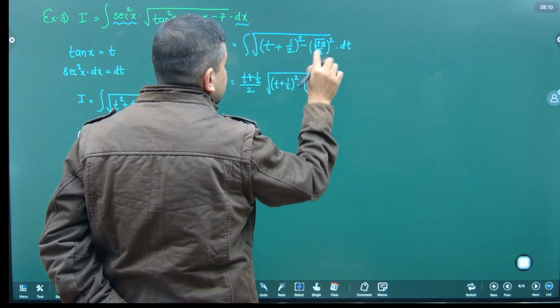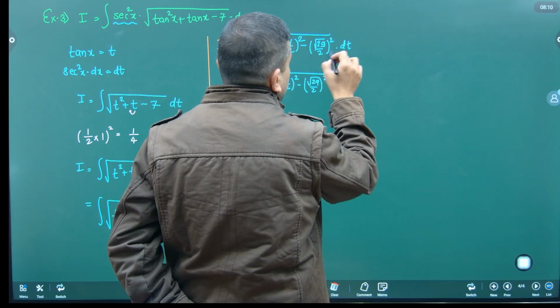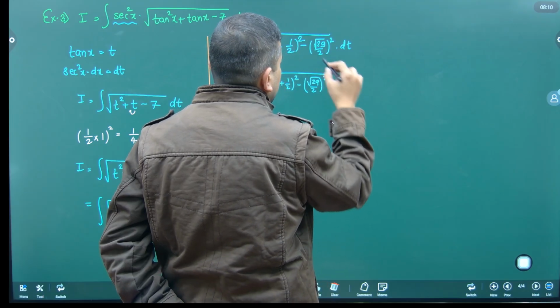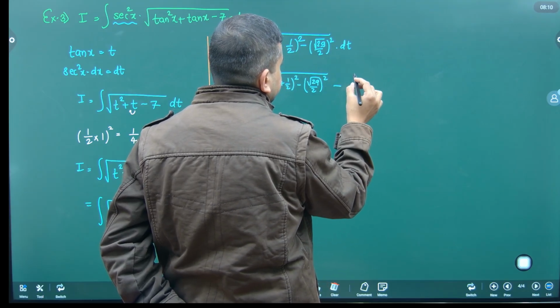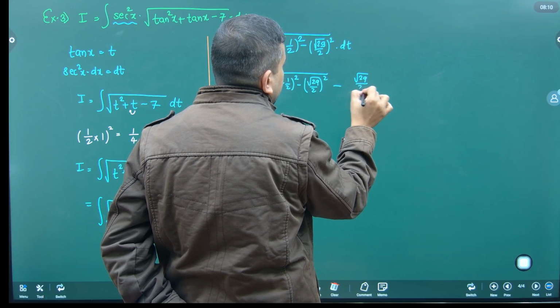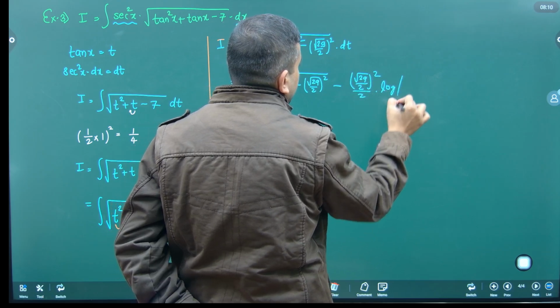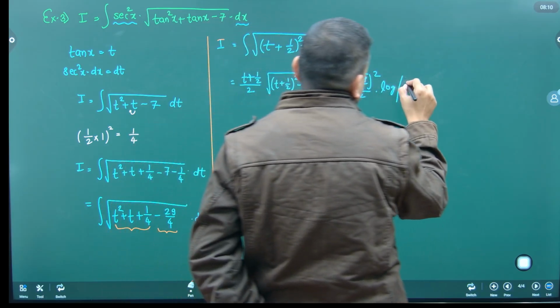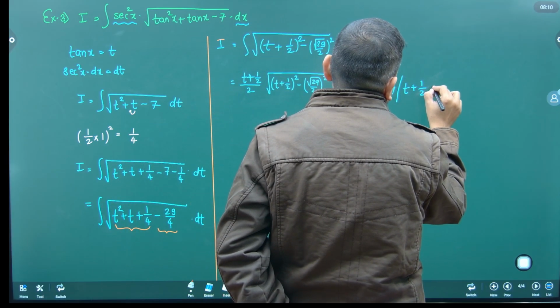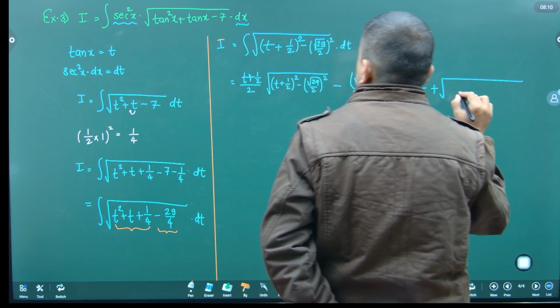X square minus a square. So we need to give here minus sign, minus a square. This is your a square. So it will be root 29 by 2 bracket square by 2 into log of x. What is x? X plus under root x square minus a square.